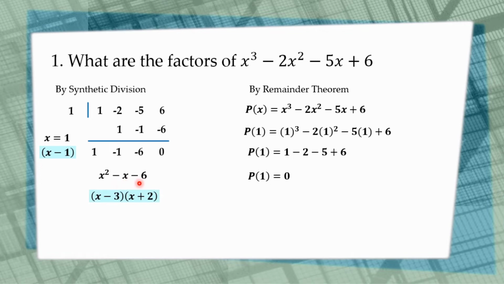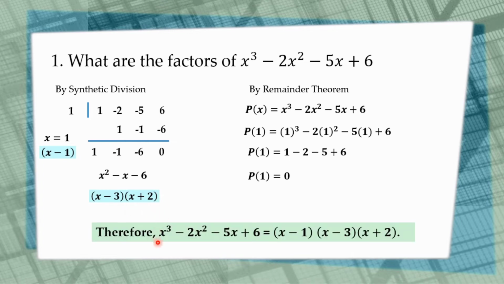So the factors of negative 6 are negative 3 and positive 2. Negative 3 plus 2 equals negative 1, which is equal to the coefficient of the middle term. Therefore, the factors are x minus 3 and x plus 2.